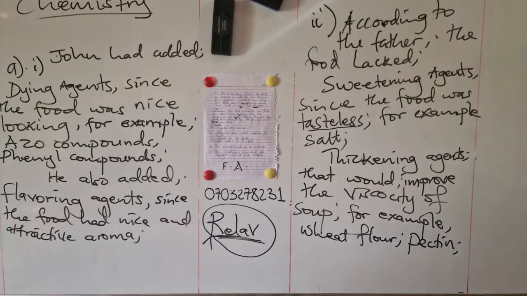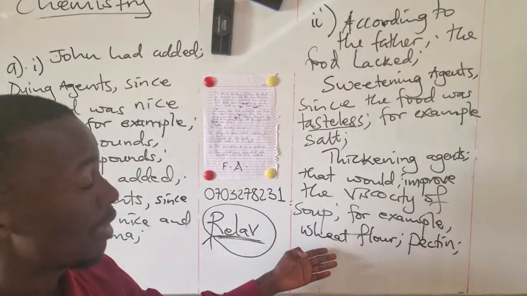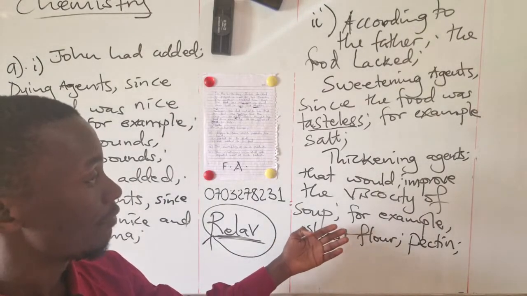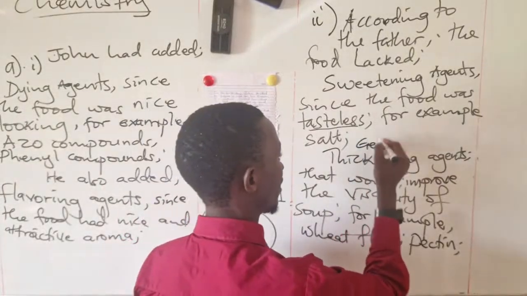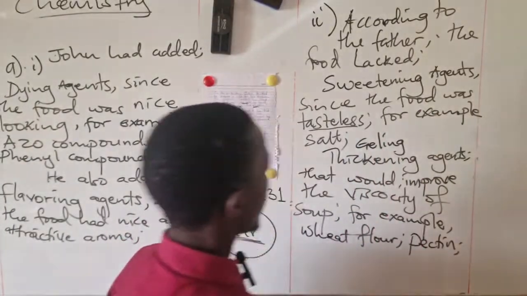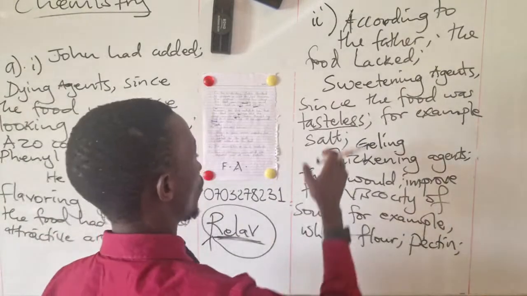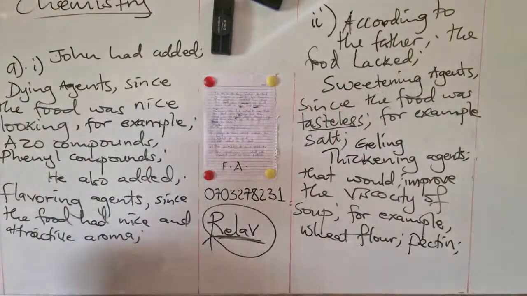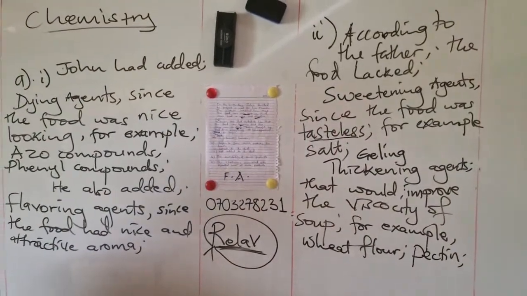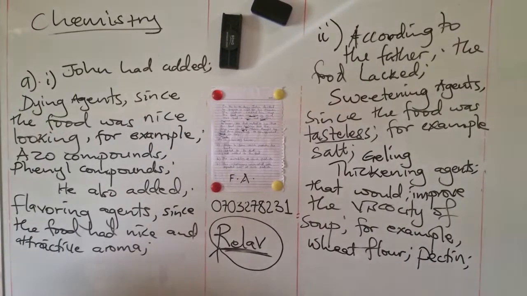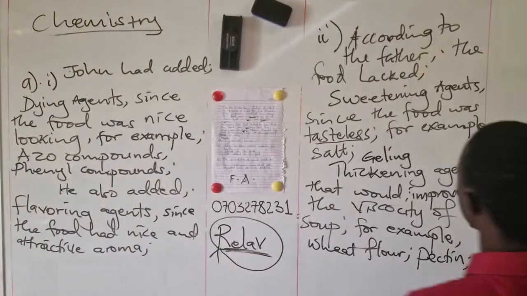You can alternatively call them gelling agents. The gelling agents all improve the viscosity of food. You remember the examples. We cannot finish them. So according to the examiner, this is all what John wanted to know.